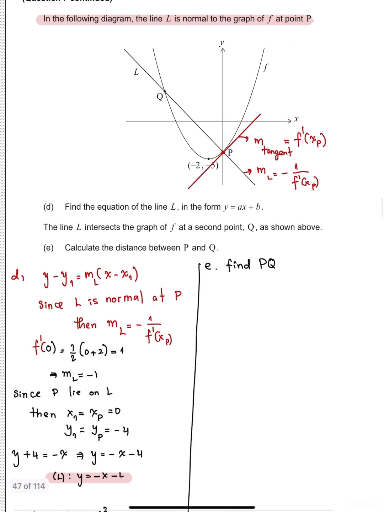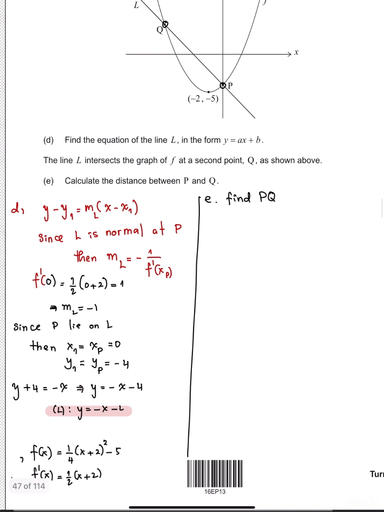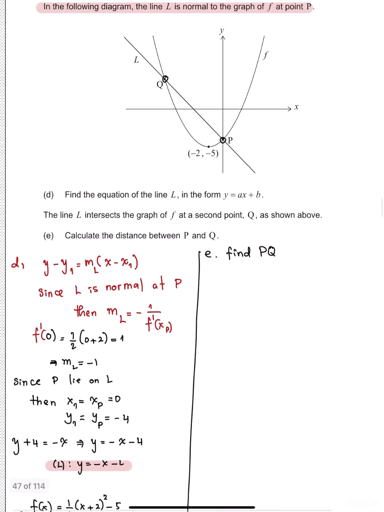In order to find PQ, we have to know the coordinates of Q. Since both lie on L and are the intersection points between L and f, to know the coordinates of Q we have to find the intersection between f and L.